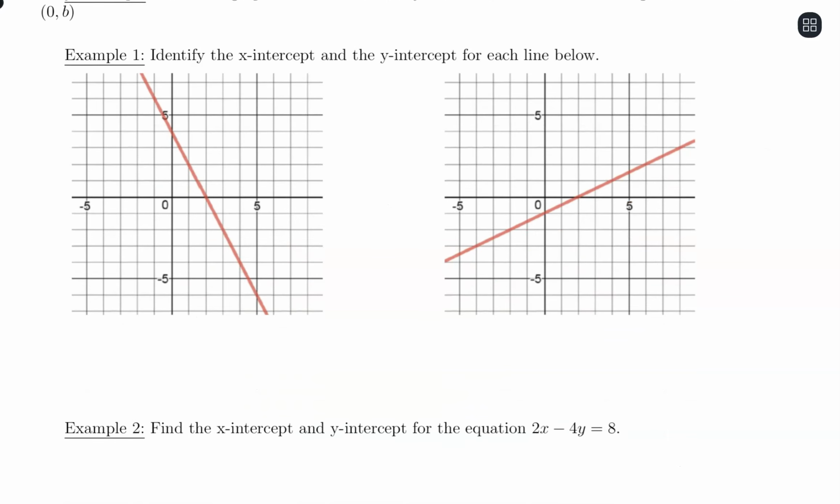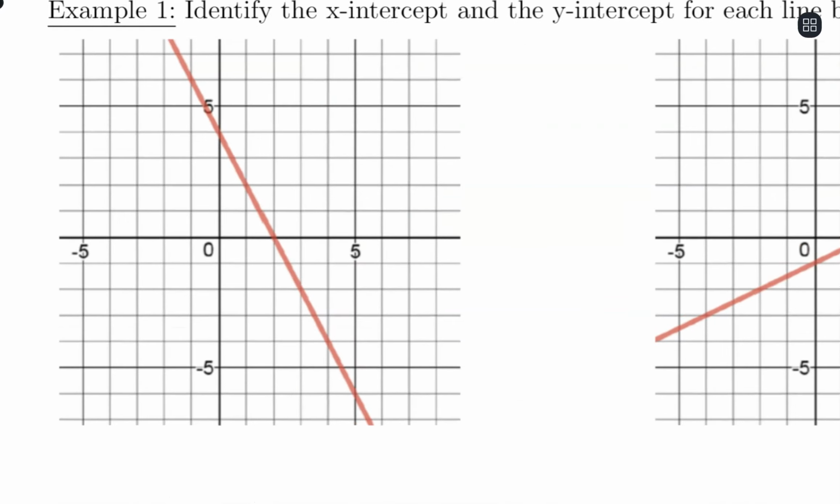So in terms of looking at graphs, if we want to find the x-intercept and y-intercept, we're looking at where we're intersecting the axes. So this one, I have this coordinate 0, 4, and a coordinate 2, 0.